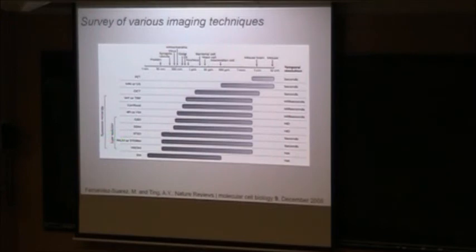Of course, there are super resolution techniques, and I know there are some super resolution experts in this room, that can definitely push resolution down to 10 nanometers or so. And we just heard about electron microscopy, again pushing resolution down to a nanometer. Some scopes can go even smaller. But the thing to say with EM or these imaging techniques is that the time resolution is very limited. EMs don't really have any kind of time resolution, and super resolution takes seconds.